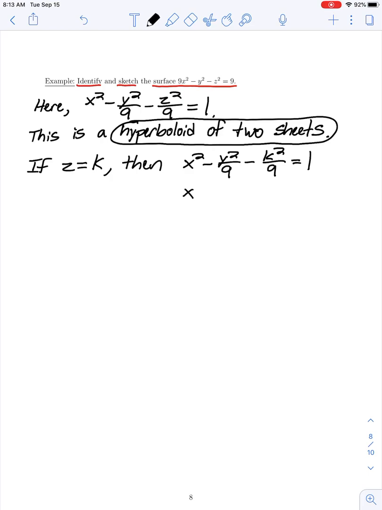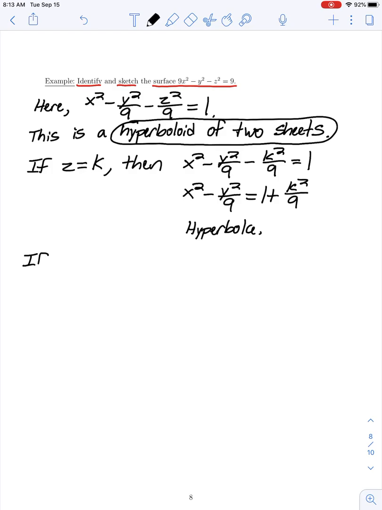So rewriting this, we would have x squared minus y squared over 9 is equal to 1 plus k squared over 9. So this would represent a hyperbola in these planes parallel to the xy plane.